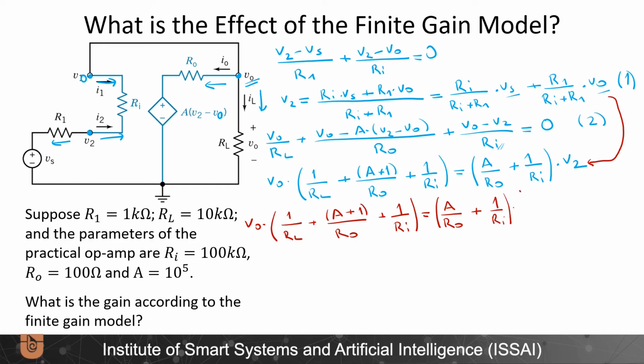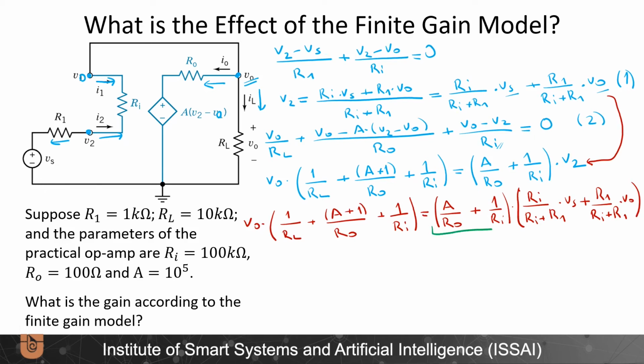So I will multiply this by Ri over Ri plus R1 times Vs, and another term which is related to V out, which I will need to take to the left side. Alright, let me define this term as alpha, otherwise it will be very messy, and try to take this term to the left side.